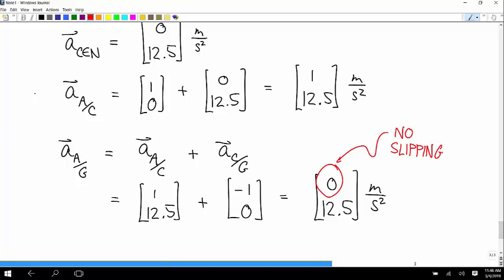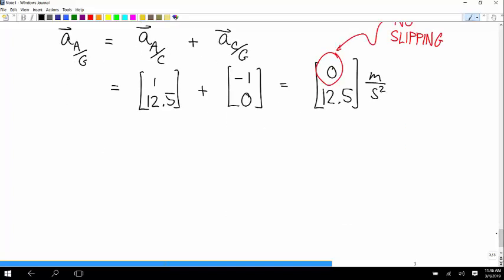Any questions about that? Okay, let me say one more quick thing. What if the surface is not horizontal?